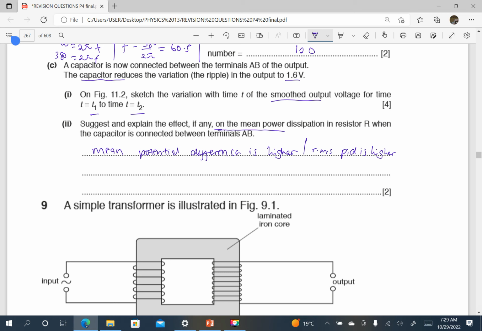Why is it higher anyway? It's because the capacitor supplies energy to the resistor. So the mean PD is higher since the capacitor supplies energy to the resistor.